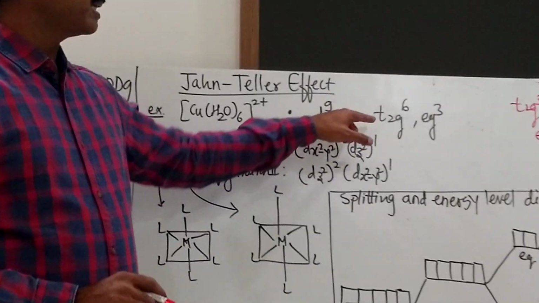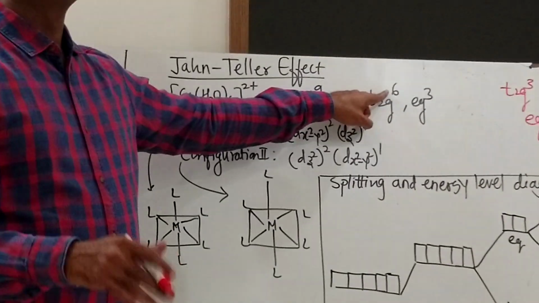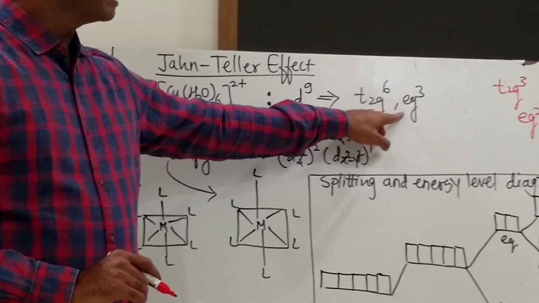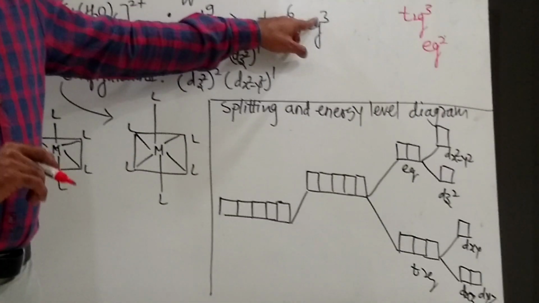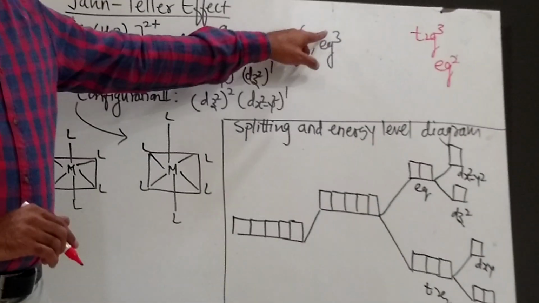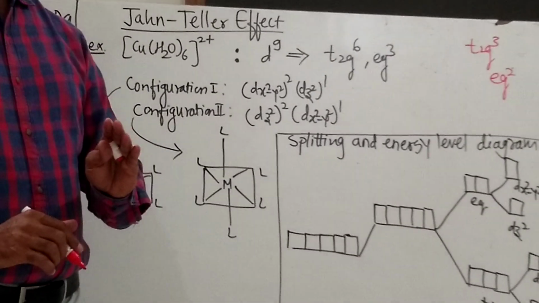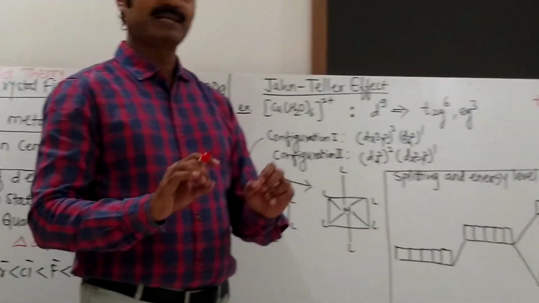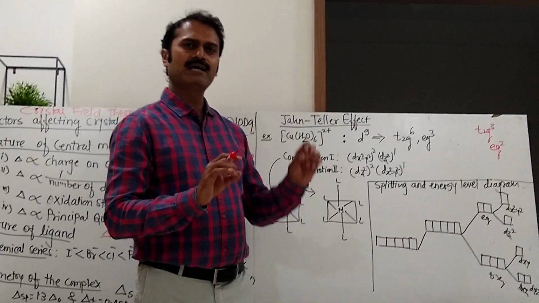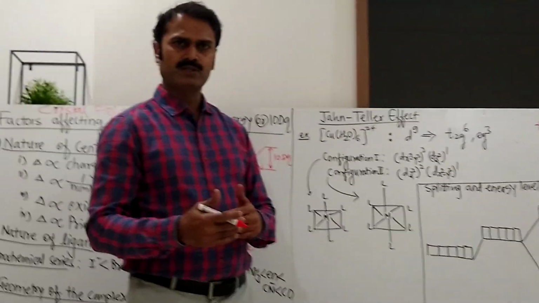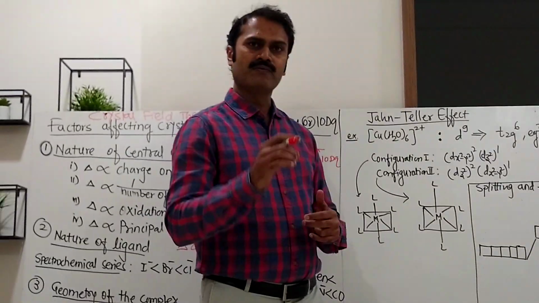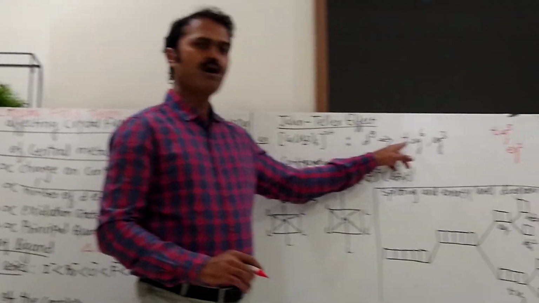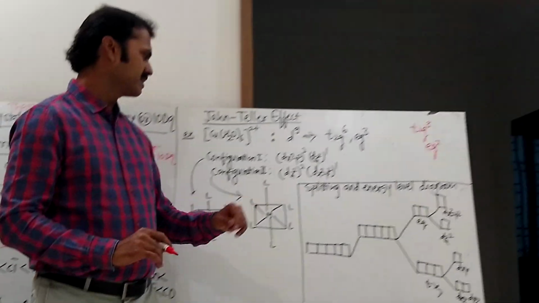Here t2g is symmetrically filled, but the eg orbitals are unsymmetrically filled, as there are only 3 electrons in eg. Therefore the Jahn-Teller effect takes place, when eg or t2g orbitals are unsymmetrically filled.